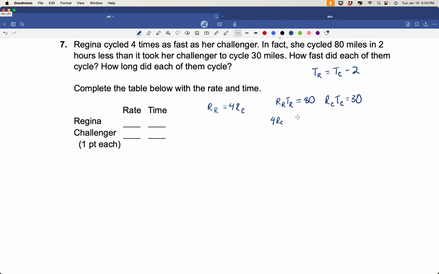4RC times TC minus 2 equals 80. 4RC TC minus 8RC is equal to 80. RCTC is 30. 4 times 30 is 120.